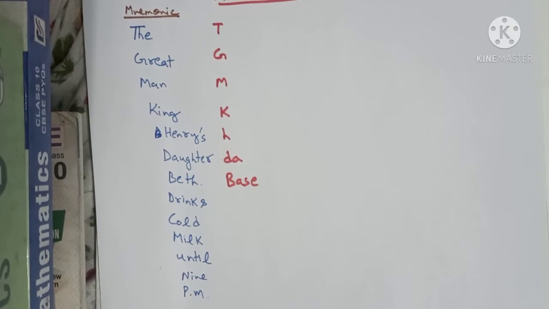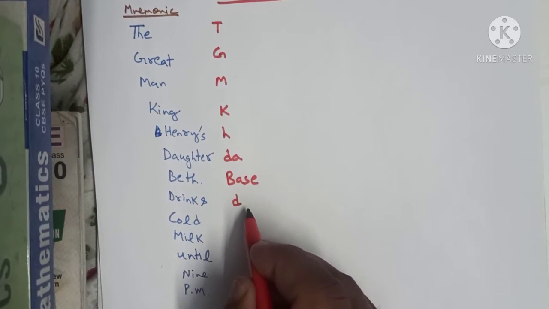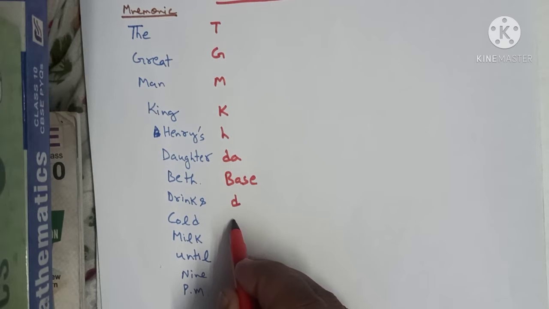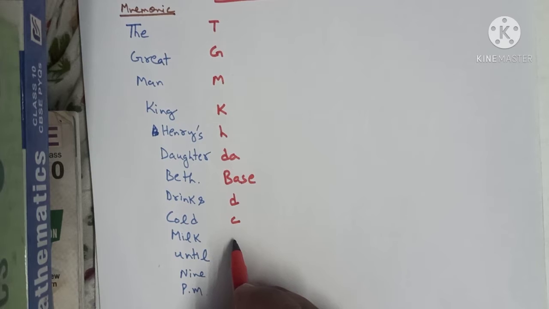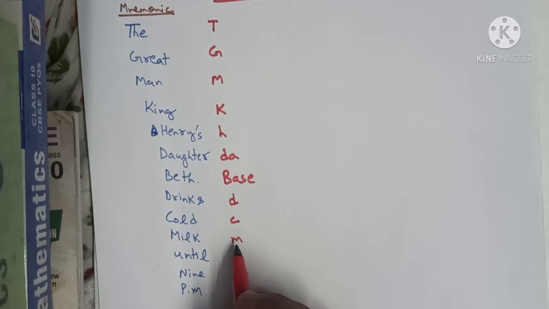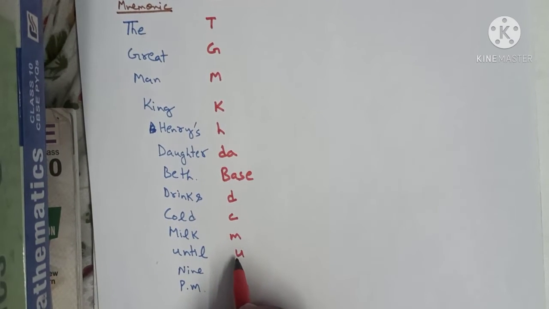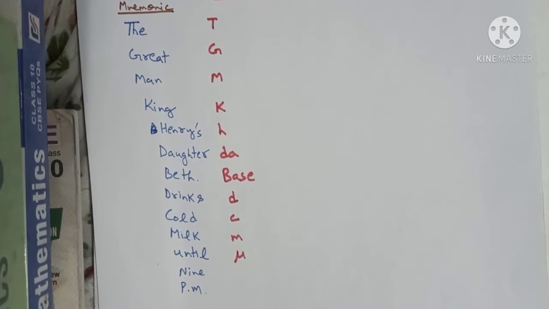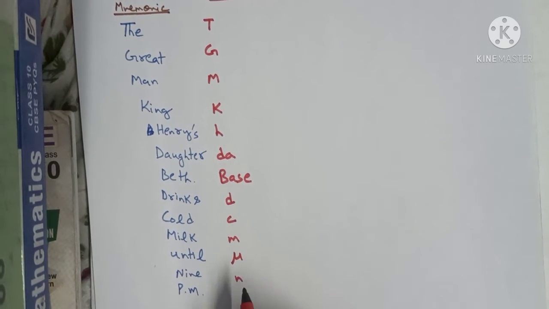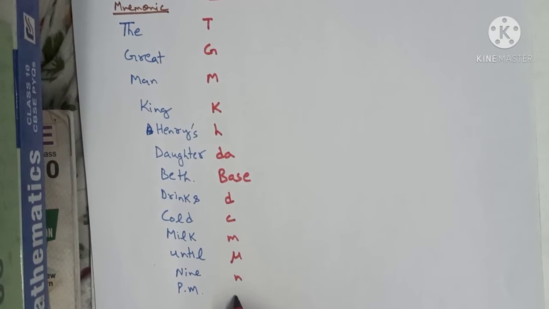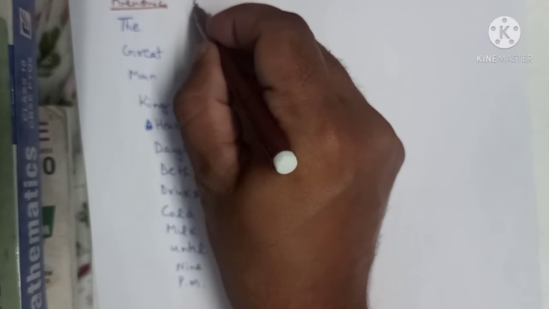I will tell you what is base. Then drinks is small d, cold is small c, milk is small m, and until is basically u, with the sign of micro, 9 is small n, and p.m. stands for small p. So these are basically the symbols.